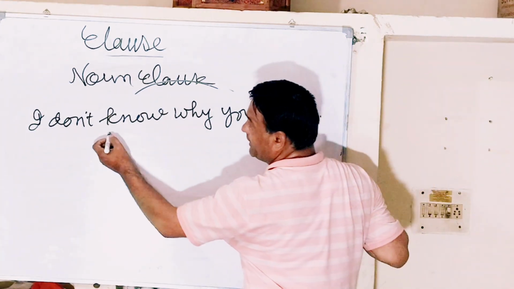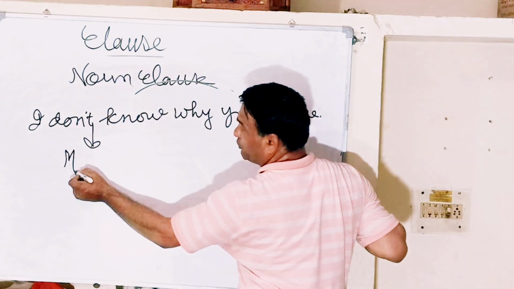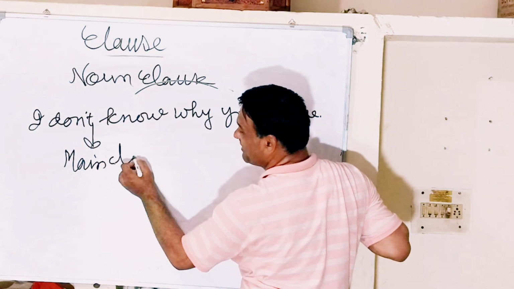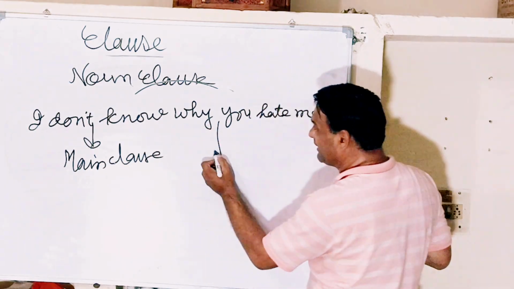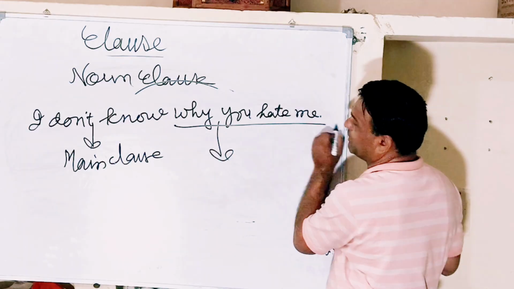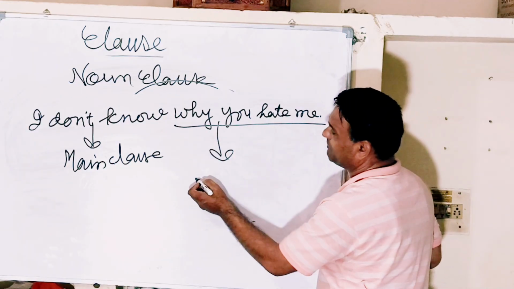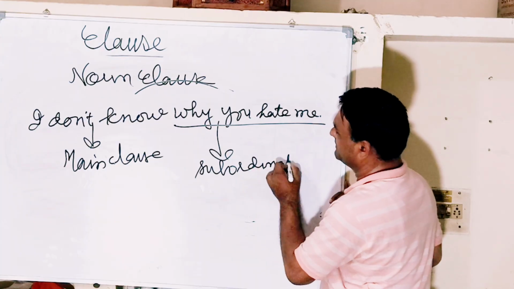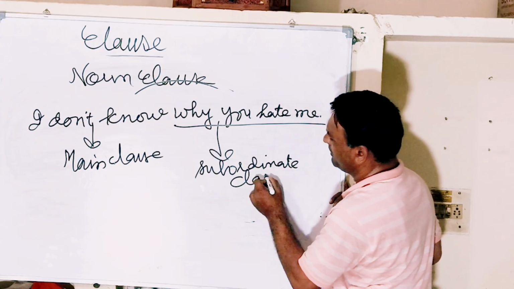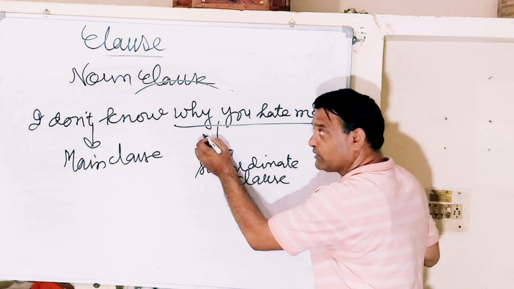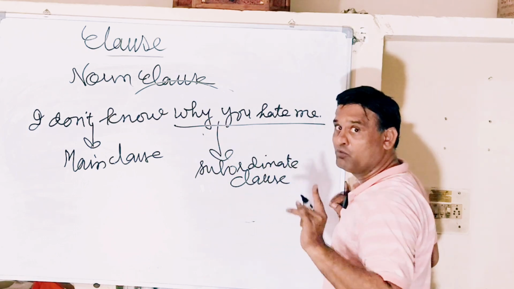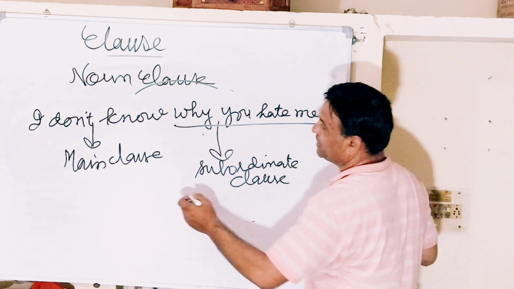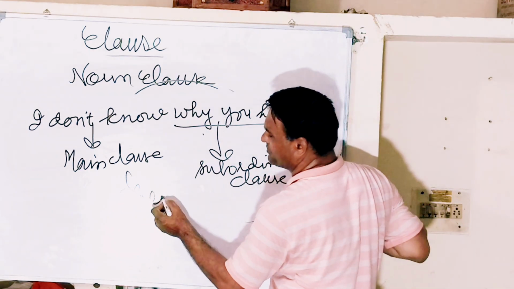तो यहां पे I don't know ये मेन क्लॉज है. This is the main clause. And why you hate me, this complete part is a subordinate clause because it functions as a noun, therefore it is a noun clause.